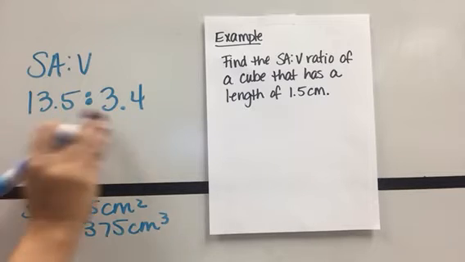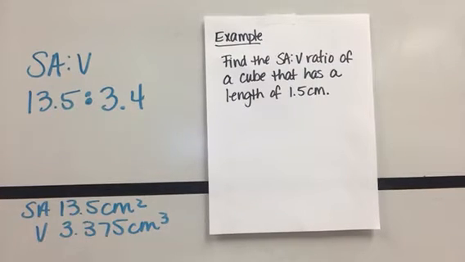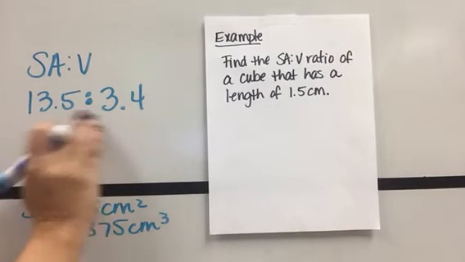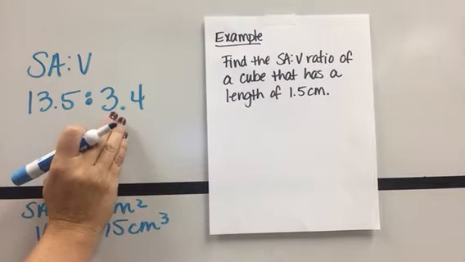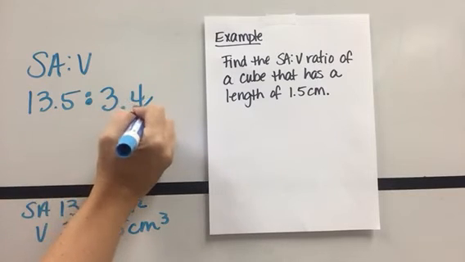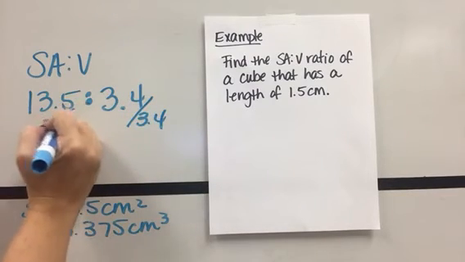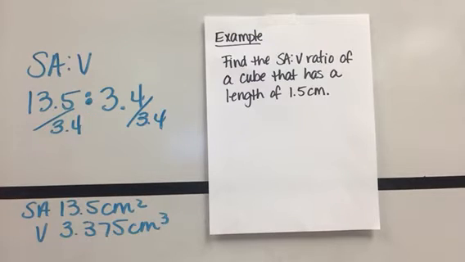So now this is our ratio, but this doesn't help us a lot because these are weird numbers. So we want volume to equal 1. So we're going to divide both sides by our volume. So when I take 13.5 and divide it by 3.4, let me check that one more time.